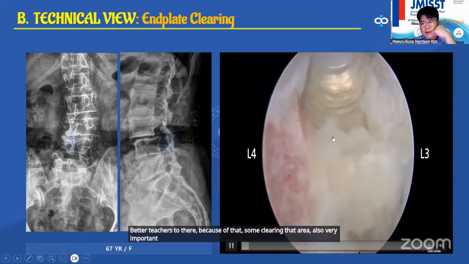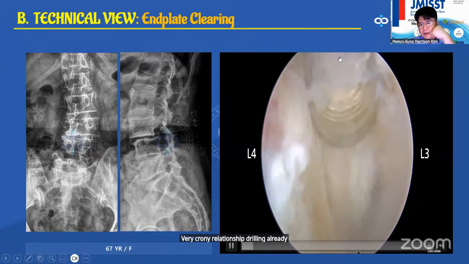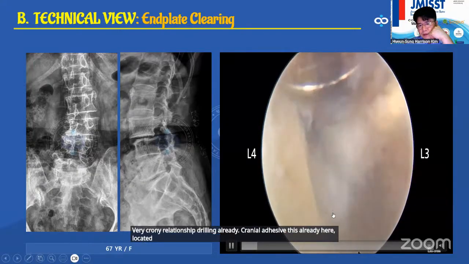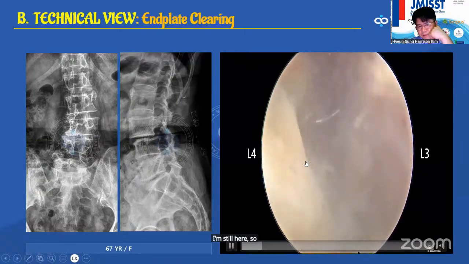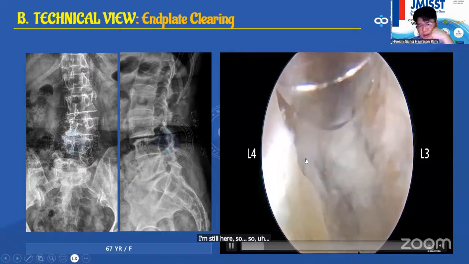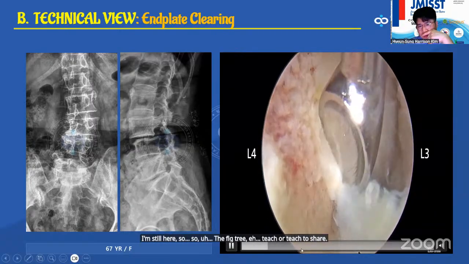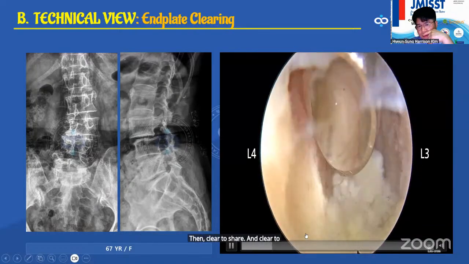You can see here the very chronic adhesive disc is already drilled. The chronic adhesive disc was located here, and after drilling, thick tissue is still attached to here, then clear to here, and clear to here again.